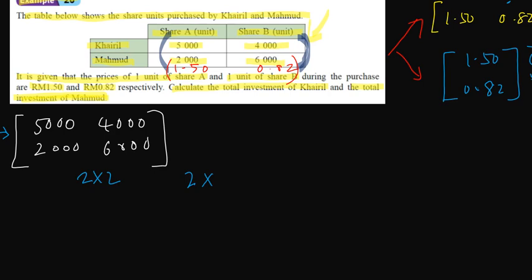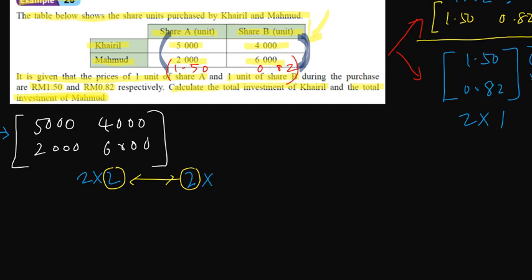Do you see that? The column here and the row of the second matrix are the same. So we check our choices. This one, the order is 1 by 2. This one is 2 by 1.